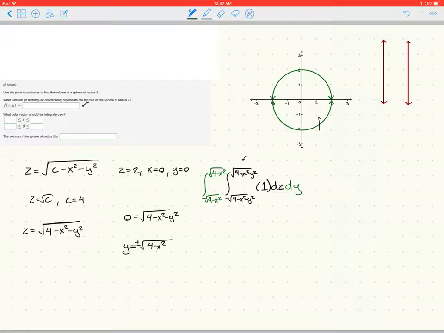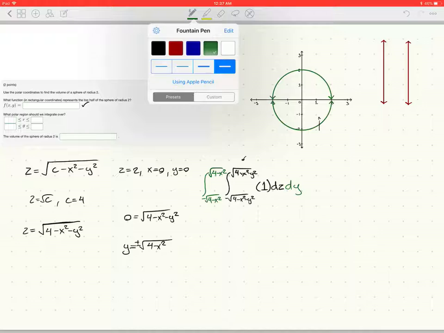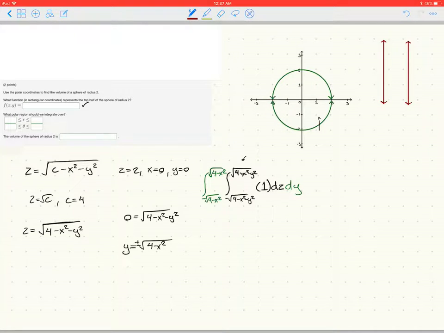And then to find our limits of integration on x, we go from the left to the right of our function of x, and we see that this encapsulates our function fully. So that's going to be from negative 2 to 2, dx.